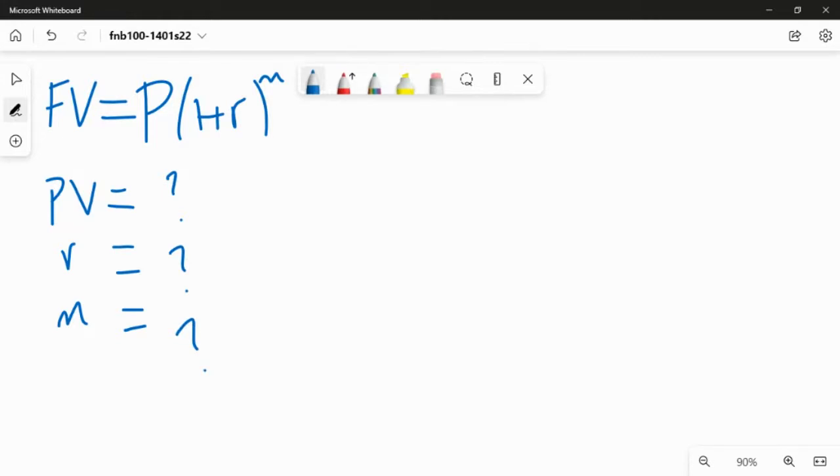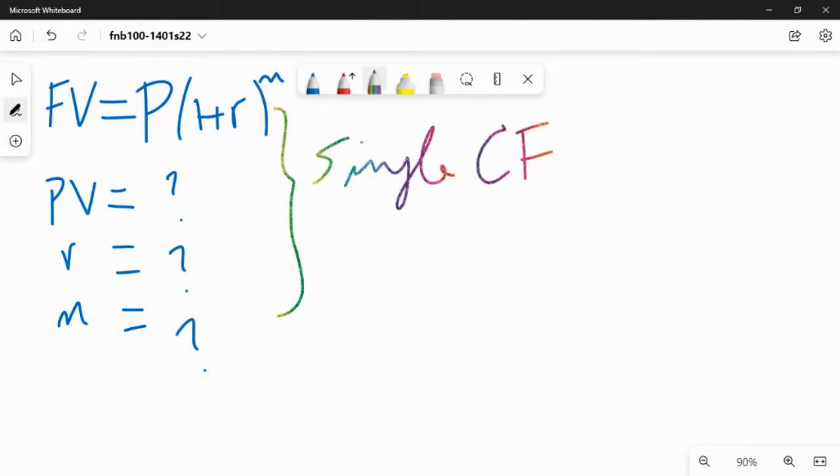I'm not going to write all of them because they are all derived from this base formula, but they are all called single cash flow model. Single cash flow. Why? Because there is only one single cash outflow and single cash inflow.